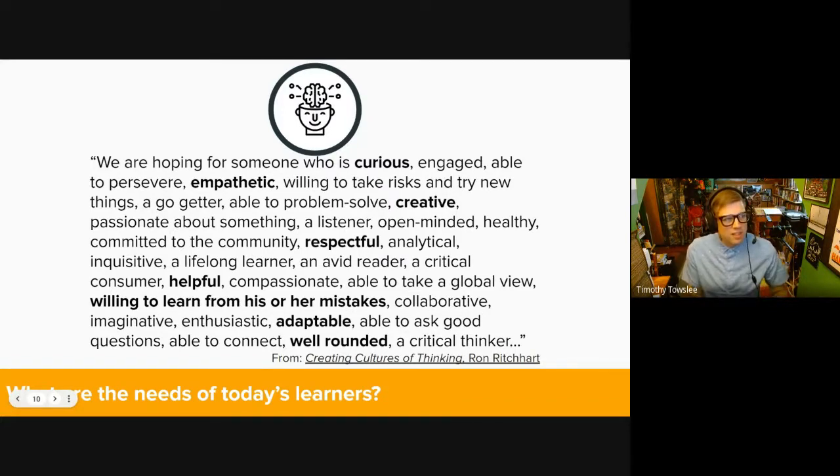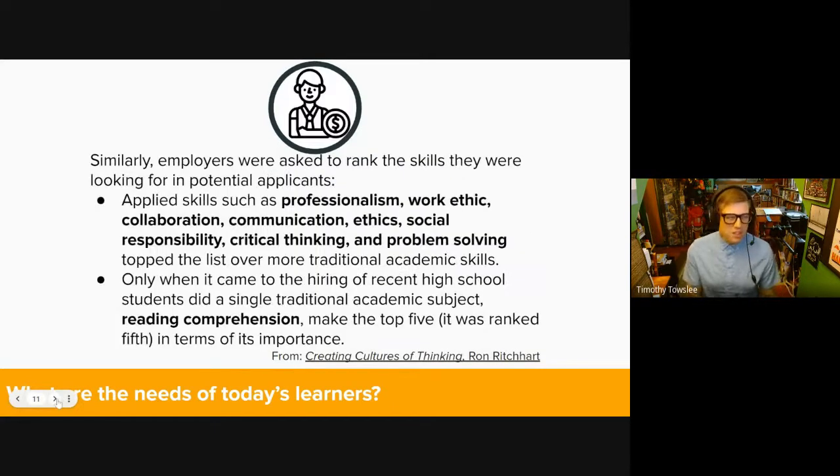And a lot of the words that came up, they wanted folks who were curious, empathetic, creative, respectful, helpful, willing to learn from his or her mistakes, which implies willing to make mistakes, so then they can be adaptable, well-rounded, critical thinkers. And some other ones, we're looking for professionalism, work ethic, collaboration, communication, ethics, social responsibility, critical thinking shows up again, and problem-solving skills.